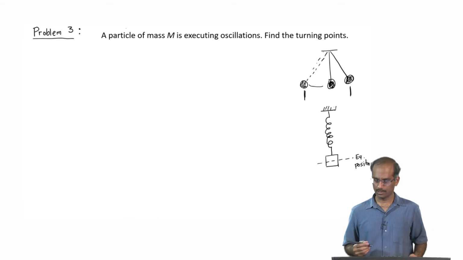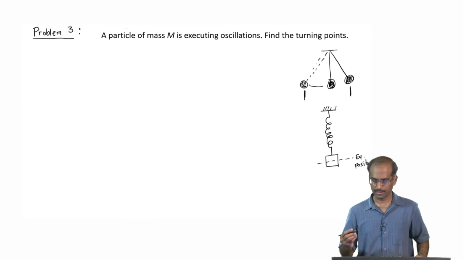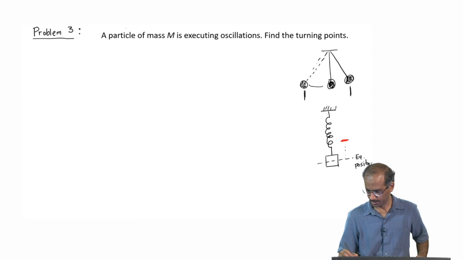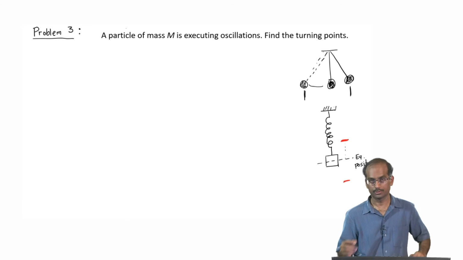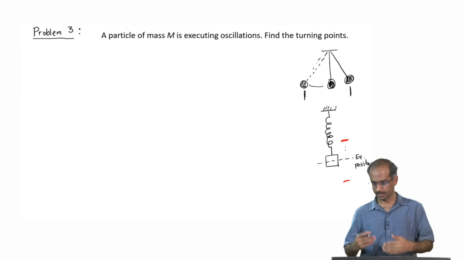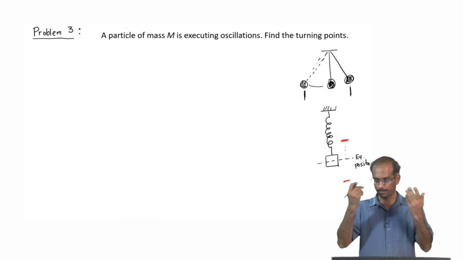Once you give it some oscillation, you are giving it some energy, and consistent with the total energy that you have given, it would go up and down. Let us say that this is the point where it goes up and this is where it goes down. So, these are the two turning points. It goes up, turns back and comes down, and similarly it goes below the equilibrium position and again rebounds back.